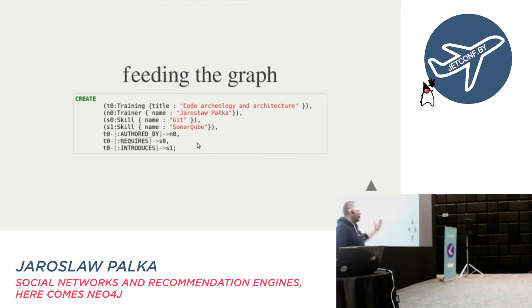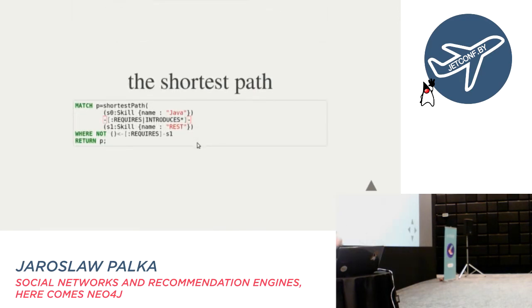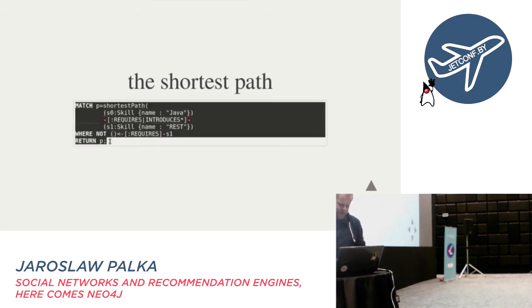Finding what? The shortest path. Thank God Neo4j has the shortest path algorithm already implemented. There is a function called shortestPath, and we show the shortest path between the skill Java and skill REST, and we just return the results. Yeah, copy pasting.